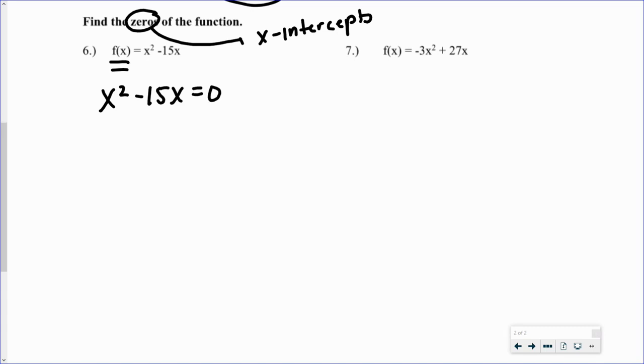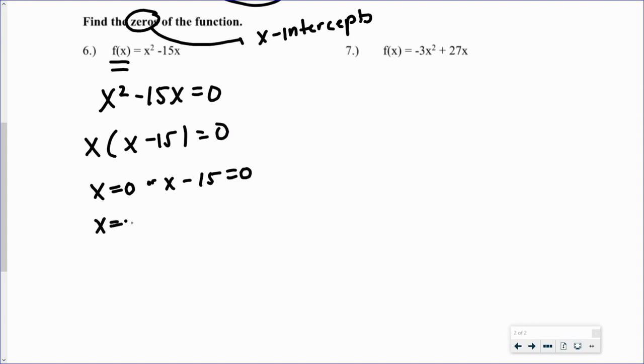It's just now we have to replace f of x, which is the y-coordinate of an x-intercept, and it's always going to be 0, with 0. So I'm going to factor out an x: x times x minus 15 equals 0, and then set each factor equal to 0. So we'll get x equals 0 or x equals 15.